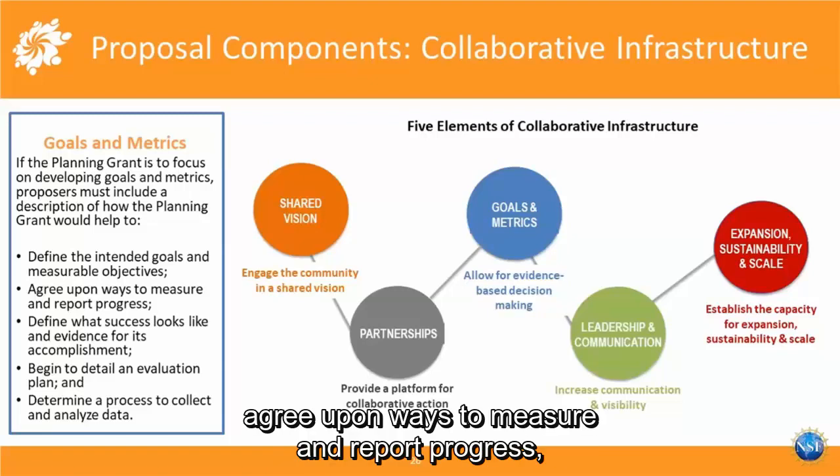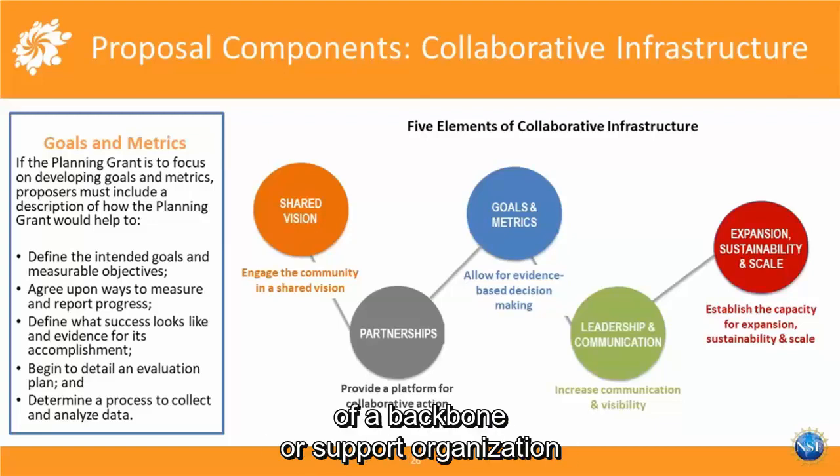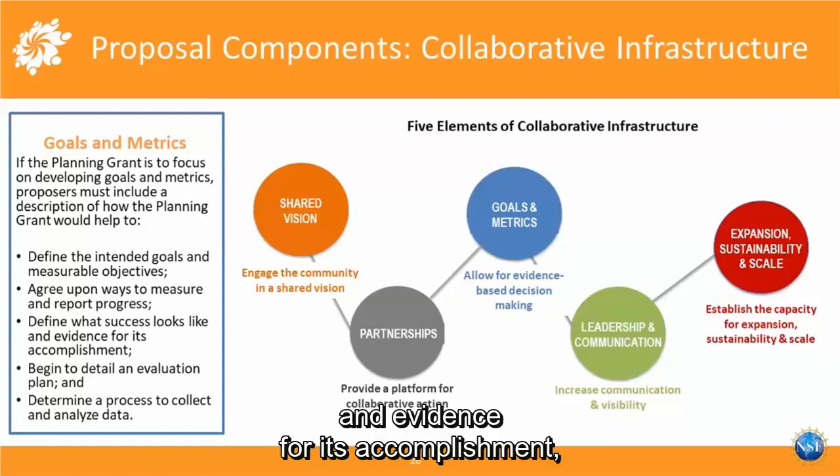Agree upon ways to measure and report progress, including the involvement of a backbone or support organization and of an external evaluator. Define what success looks like and evidence for its accomplishment.